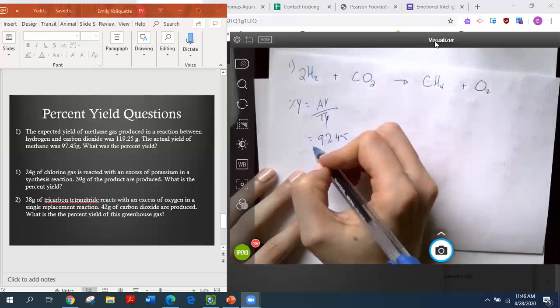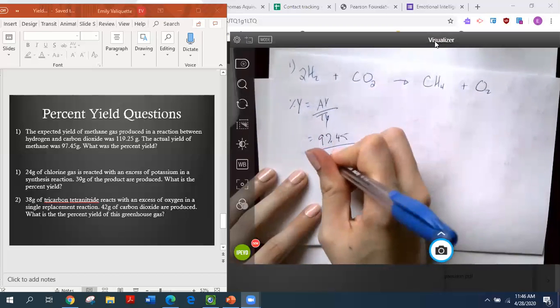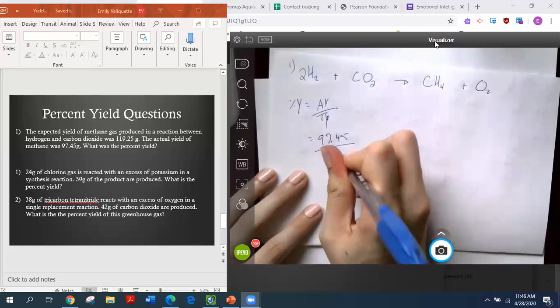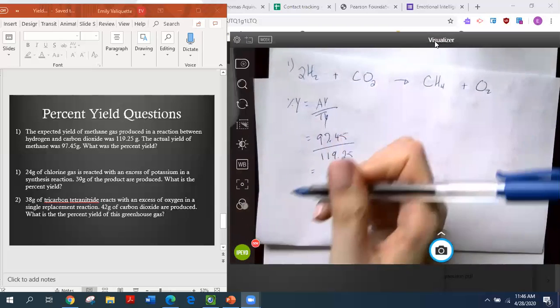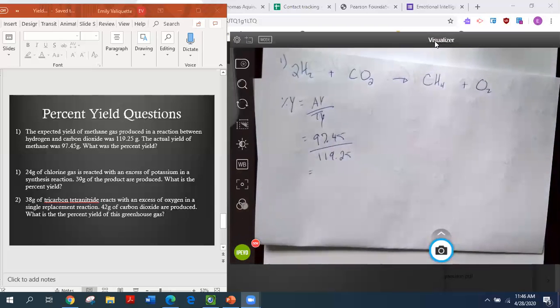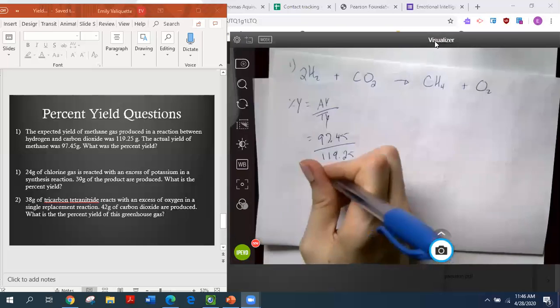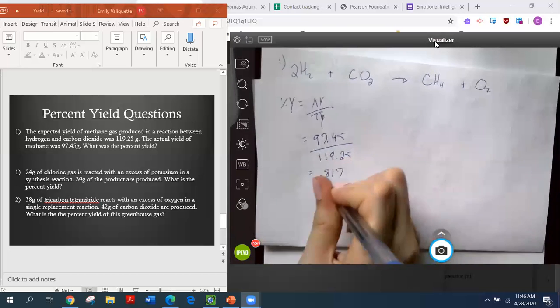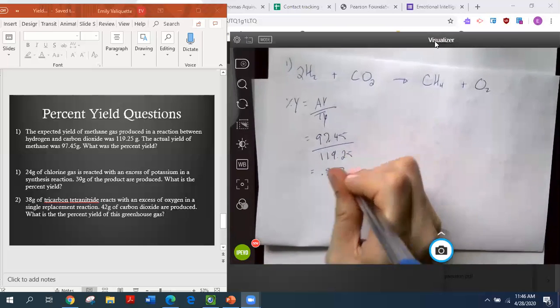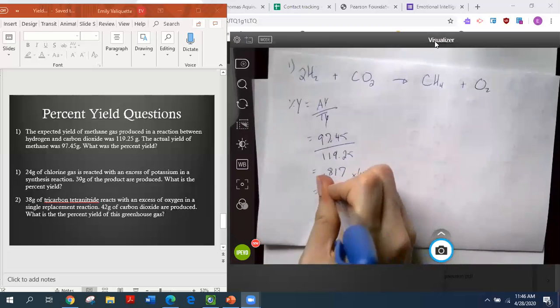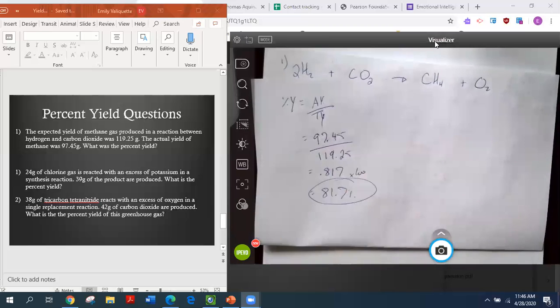And it tells us the expected yield, which is the theoretical one, was 119.25. So all we have to do there is divide, which gives us 0.817, and then of course times by 100 gives us 81.7%. Okay, that was an easy one.